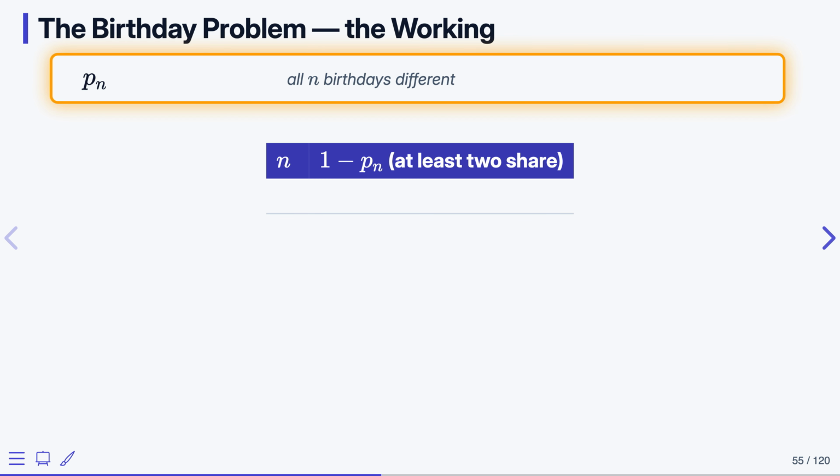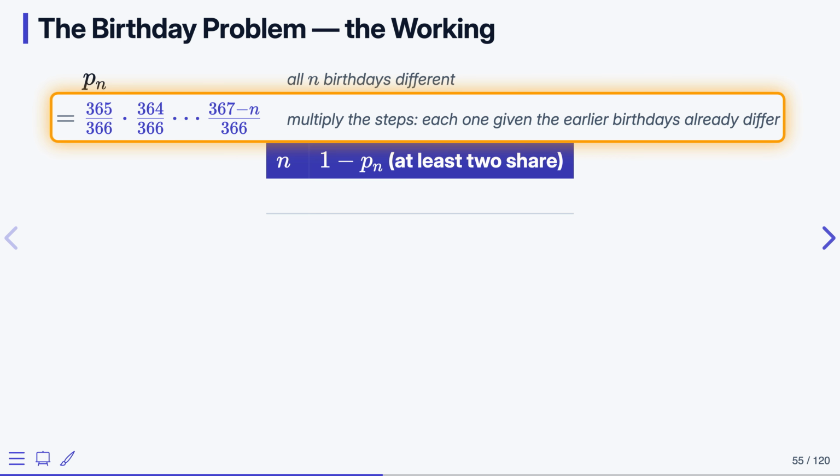Start with p sub n, the probability that all n birthdays are different. Each new person must avoid the dates already taken, so each factor is a conditional chance, the chance this person differs, given that everyone before already differs. We chain those steps together by multiplying. That gives 365 over 366 times 364 over 366, and so on down to 367 minus n over 366.